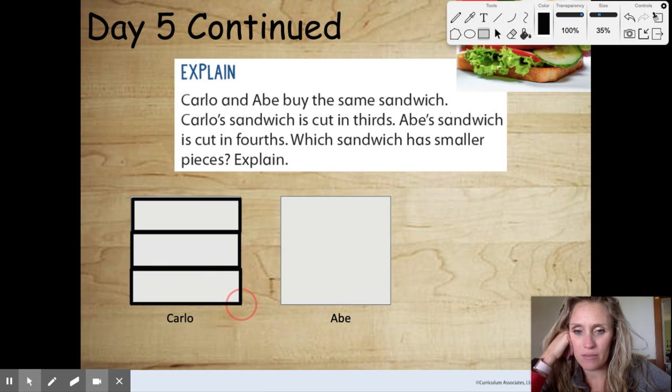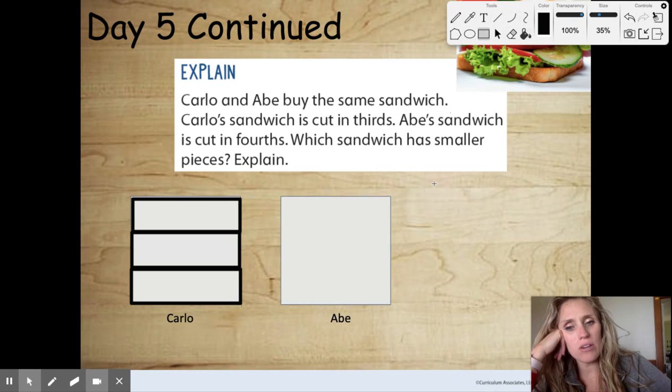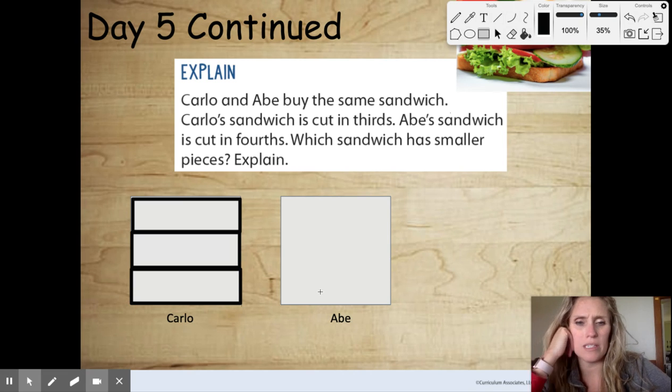Thirds. 1/3, 1/3 there. So if you're doing this with me at home, your sandwich for Carlo should kind of look like mine. You could have also maybe divided it down this way into thirds, or however you chose to represent thirds.